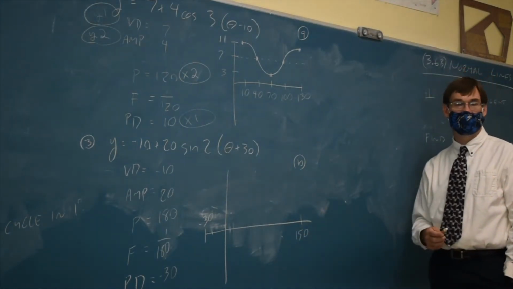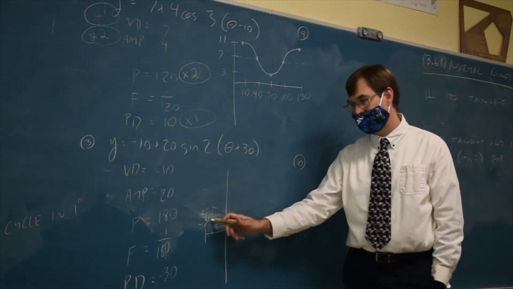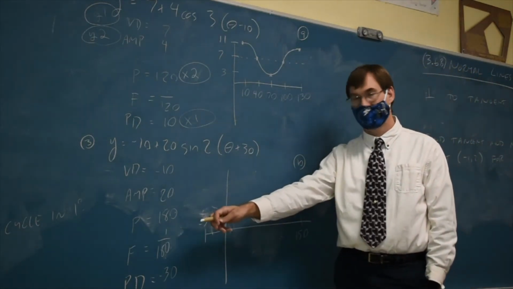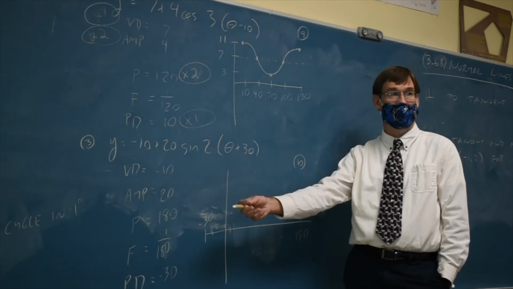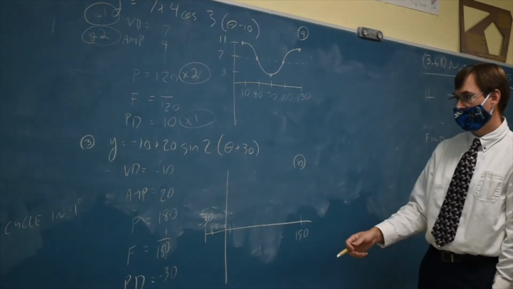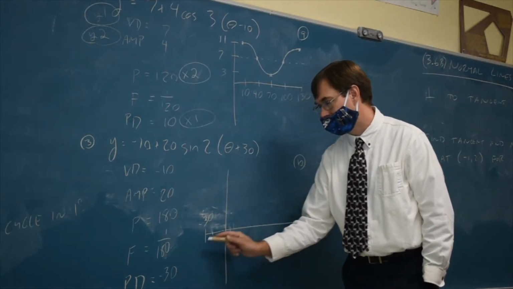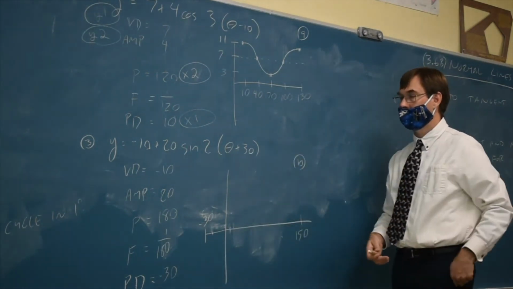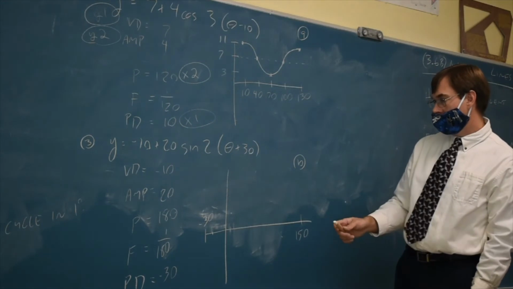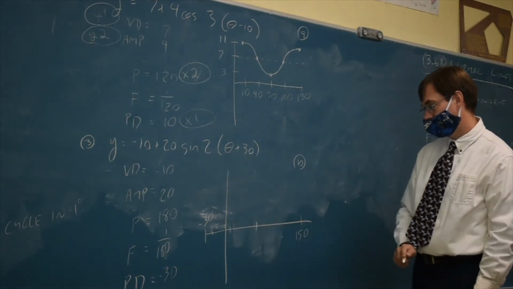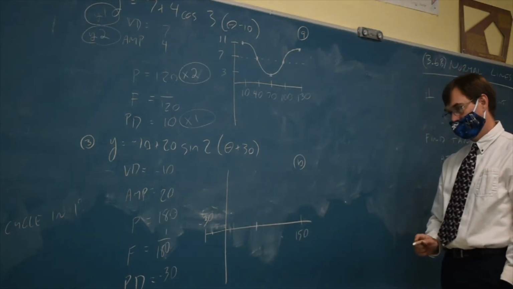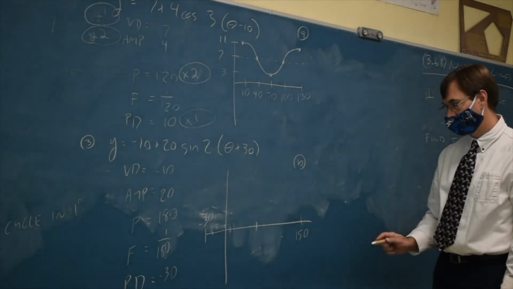There's one, I think, on a sheet somewhere that I give you such a negative phase displacement that the entire thing is actually negative. Like, that could happen. If I gave you a phase displacement of negative 300, the whole thing would have been to the left. Middle number here is 60.